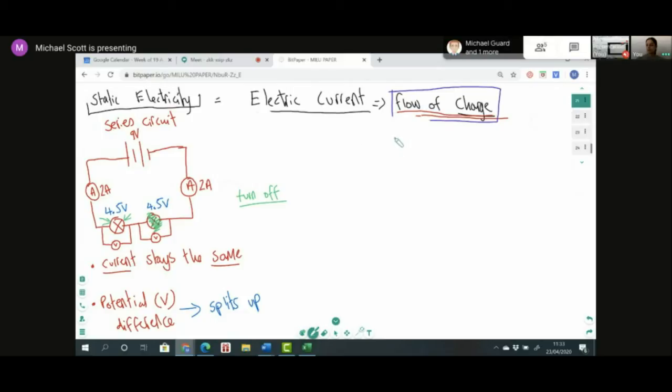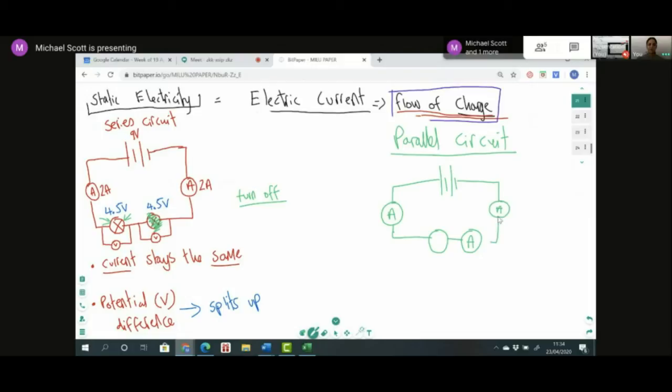So let's compare this to a parallel circuit. Hopefully you can spot that when we talk about a parallel circuit, what that actually means is a circuit with more than one loop.